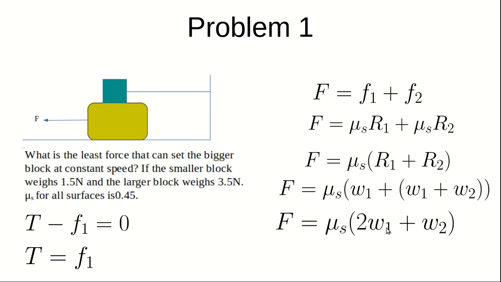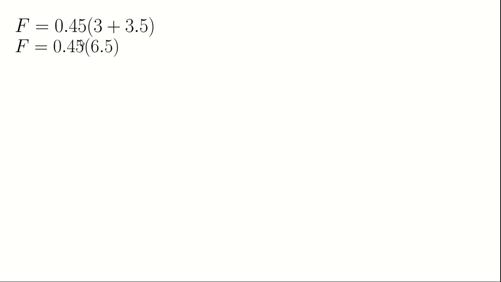Mu s is known, and these parameters are known. So we have 0.45 times (2 times 1.5 of the smaller block, plus this one, the bigger block), which gives 0.45 times 6.5, and at the end when you multiply we get the final result, which is 2.925 Newton.